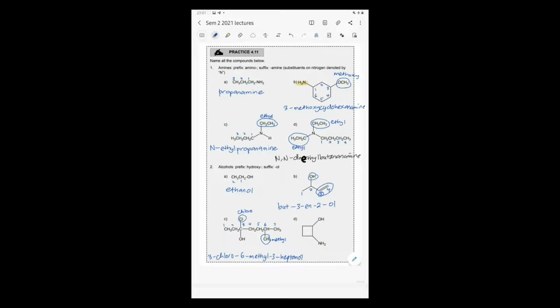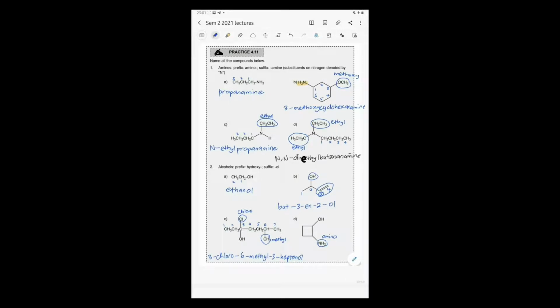D. Which one will go first? If you refer to the table of functional group A, in page 137, we will see that alcohol has higher priority compared to amine. So right here we have the amine, which now becomes a substituent. We call it amino.